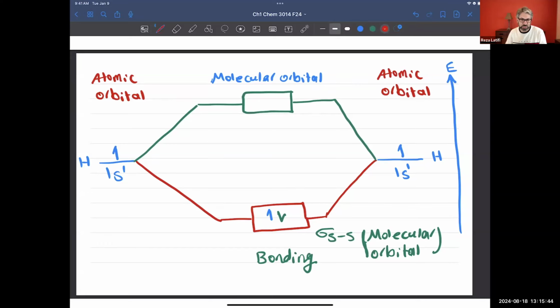I have only two electrons, and I already used them for making the bond. This orbital is sigma star of s s. So I used two atomic orbitals and got two molecular orbitals. One of them is full, and the second one is empty.